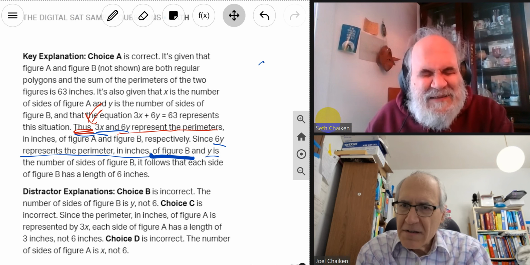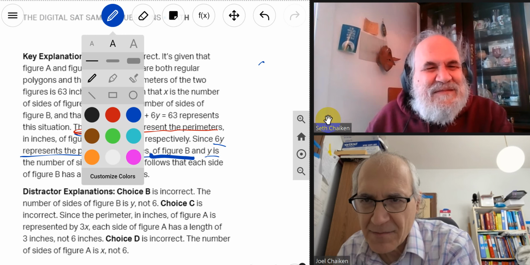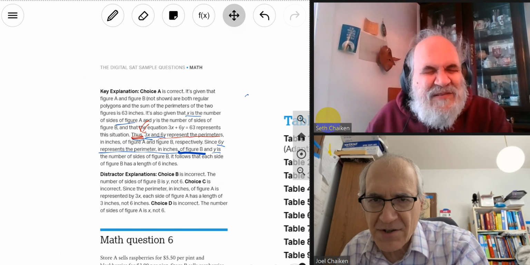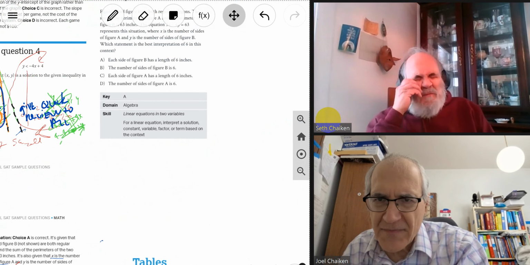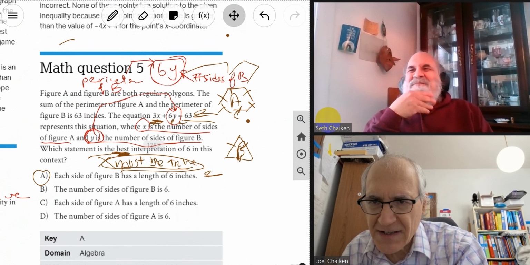Wait. x is the number of sides of figure A. They didn't say this. In the question, did they say that x is the number of sides of figure A? Yes, they did. Oh, you're right.